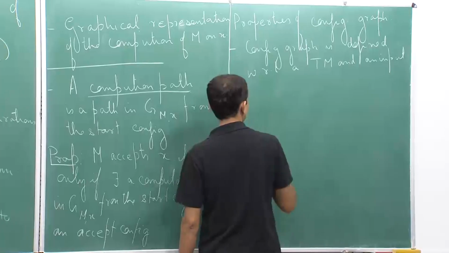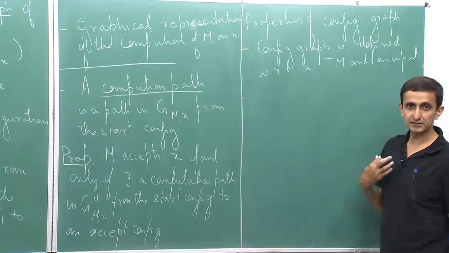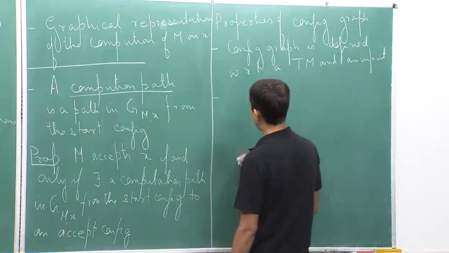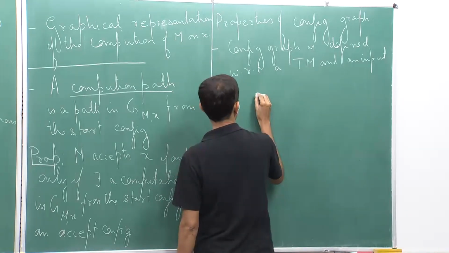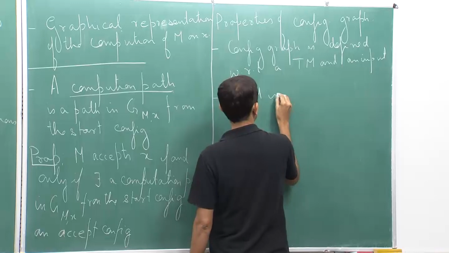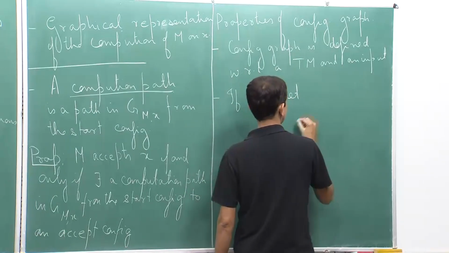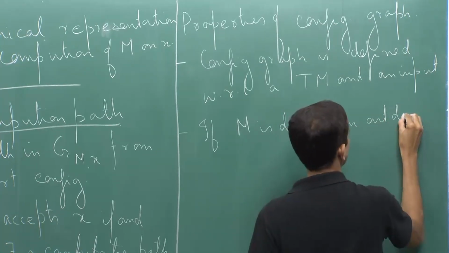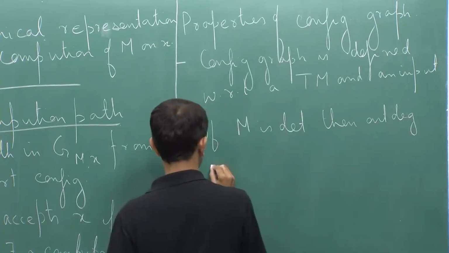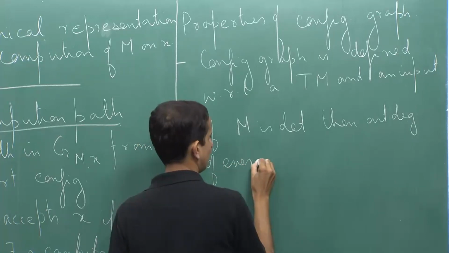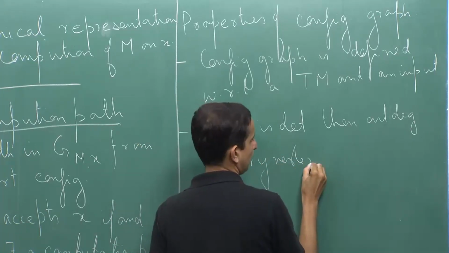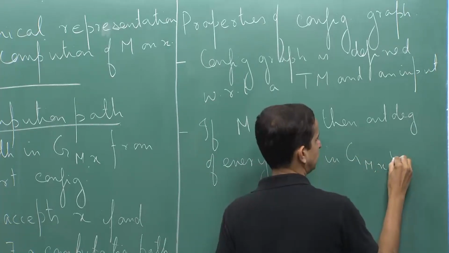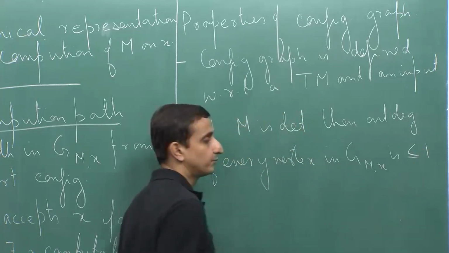So, now let us try to understand how the structure of the computation graph looks like. If M is deterministic, then the out degree of every vertex in GMX is at most 1.